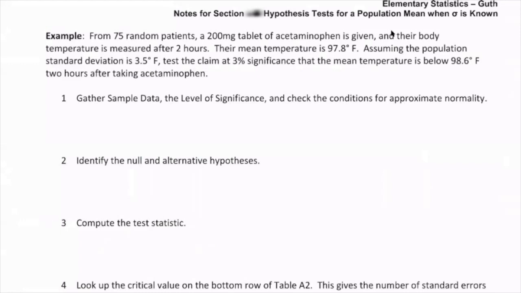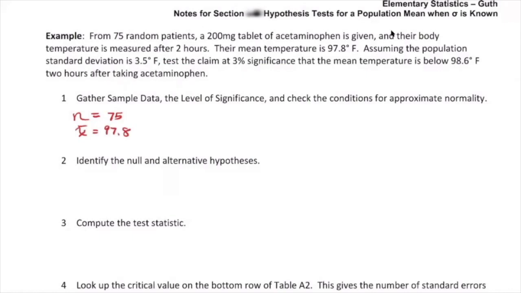So sample data, we have a sample size of 75. We got a 200 milligram tablet of acetaminophen, again, that's Tylenol. Body temperature is measured after 2 hours. The mean, this is from a sample, so the mean temperature is 97.8.